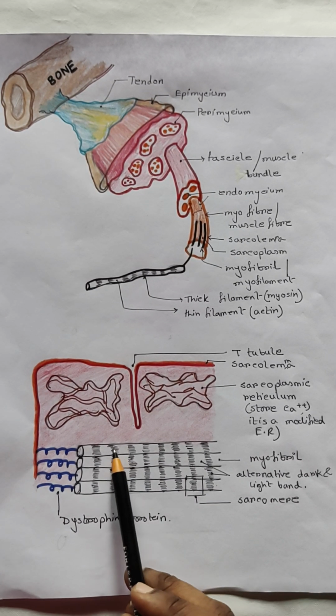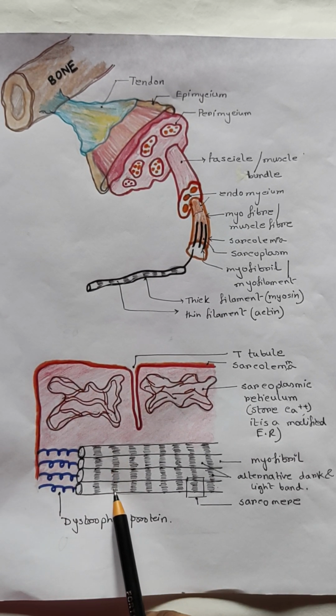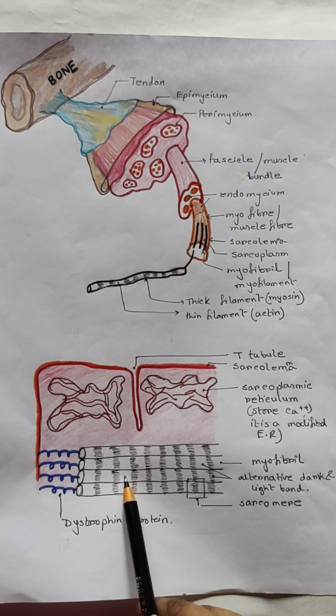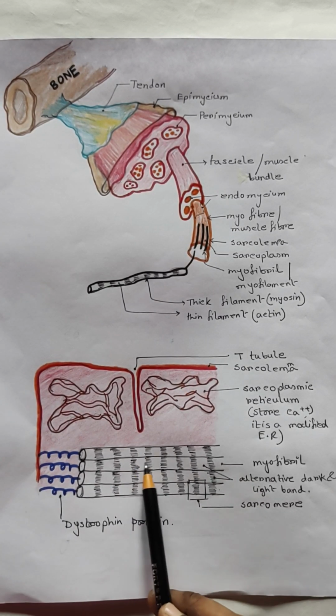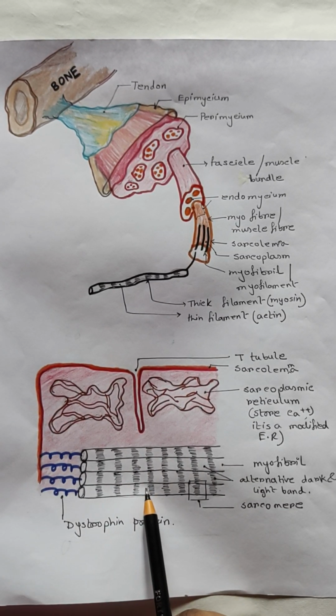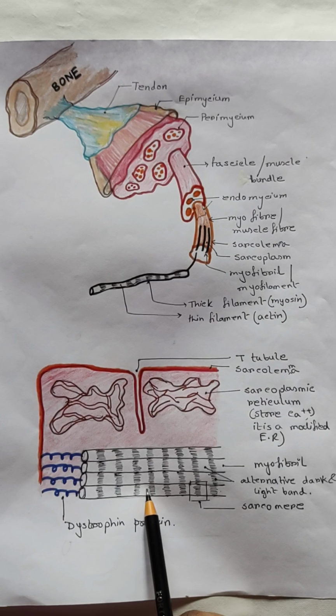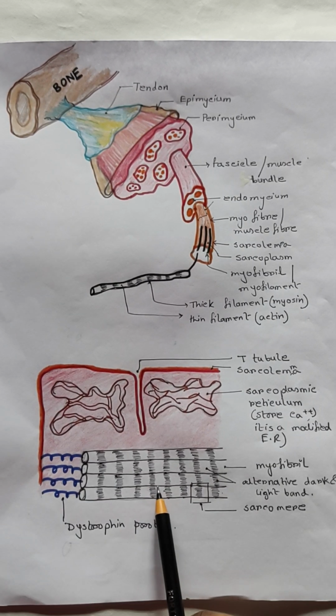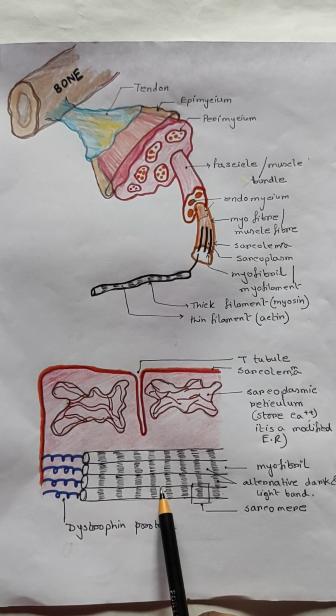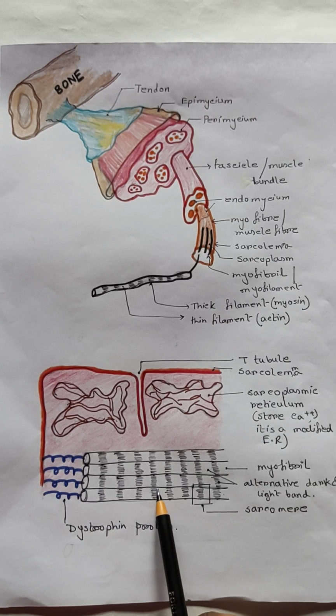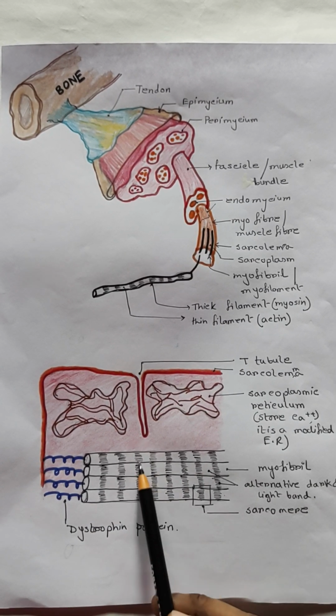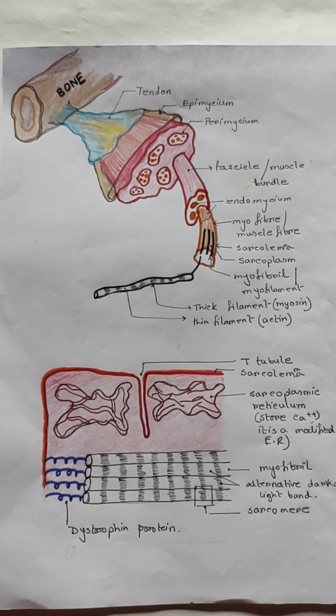Here we can see that dark bands are lying side by side and light bands are also lying side by side. That's why they form a striation. That's why these muscles are called striated muscles, because of having these striations, dark and light bands.